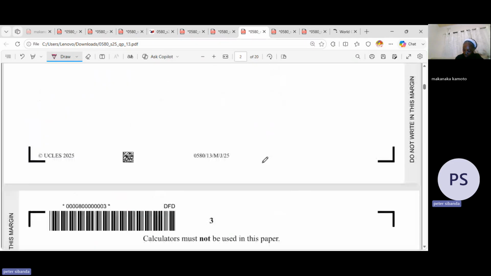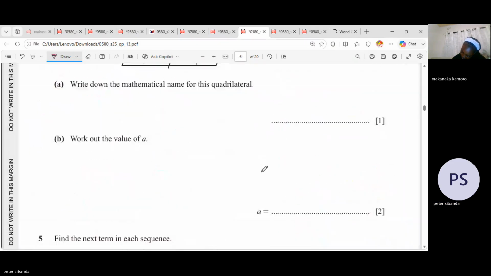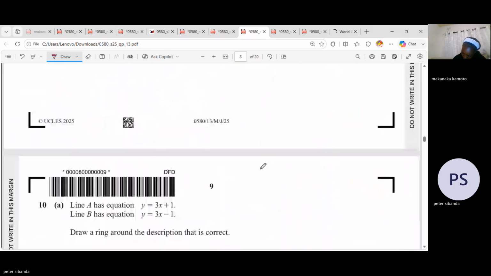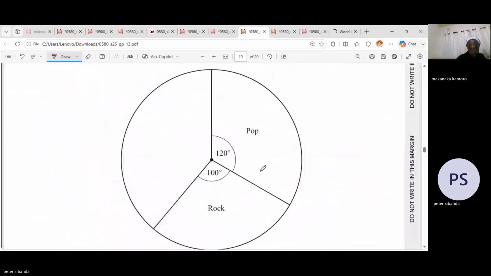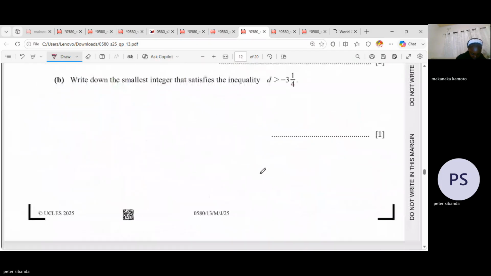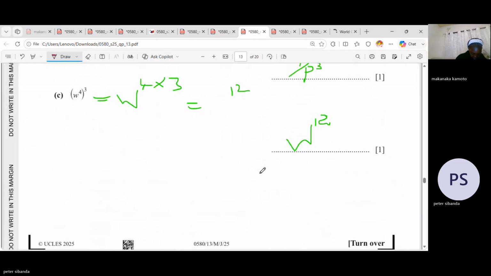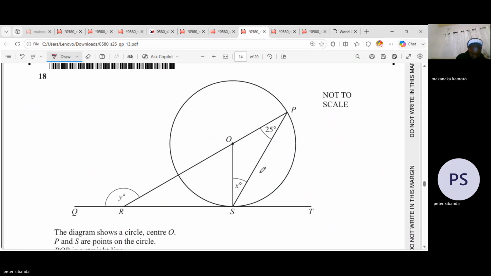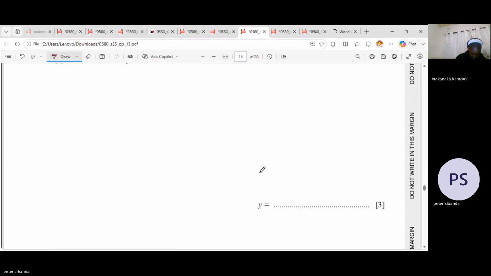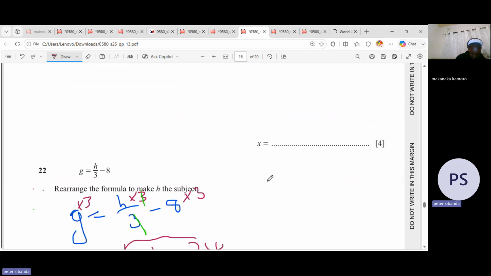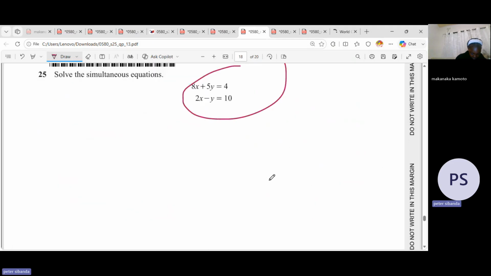In this other question paper, anything circled here?